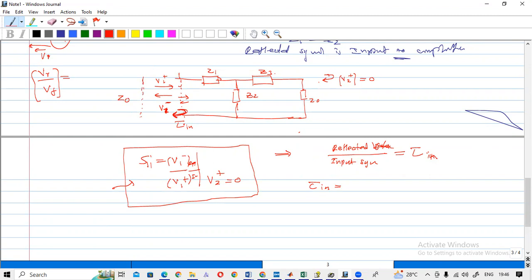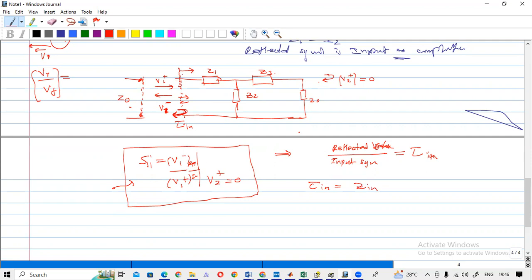The transmission line characteristic impedance is Z0. And tau in, if you are measuring this direction, this input, the impedance of this input port, you still don't know what the impedance is. Let's say that it is Z in. So tau in is the input impedance in this direction, Z in minus Z0, divided by Z in plus Z0.